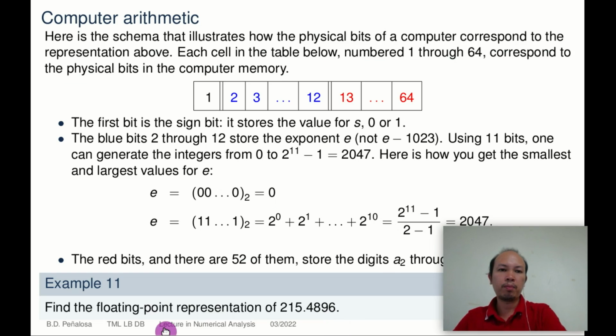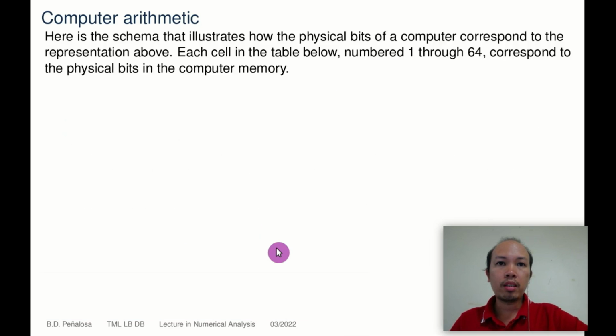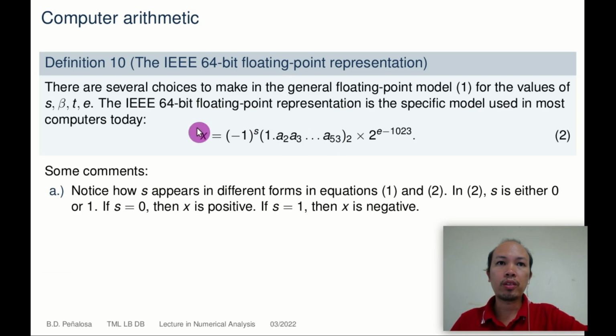So remember that we are trying to convert this number to a binary number, since we are discussing computer arithmetic. So let's try to solve this one. Convert this to a normalized 64-bit floating point representation of this number.